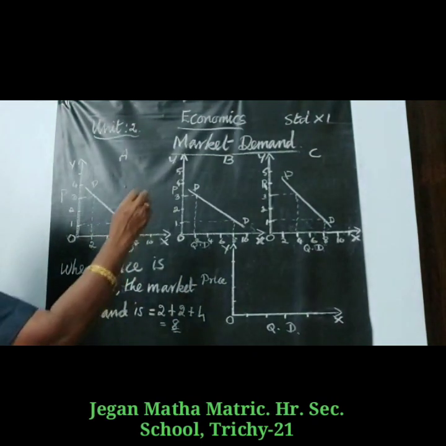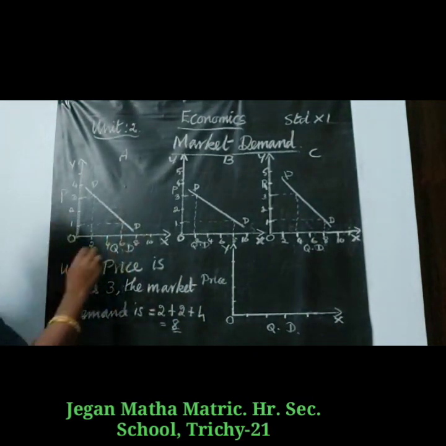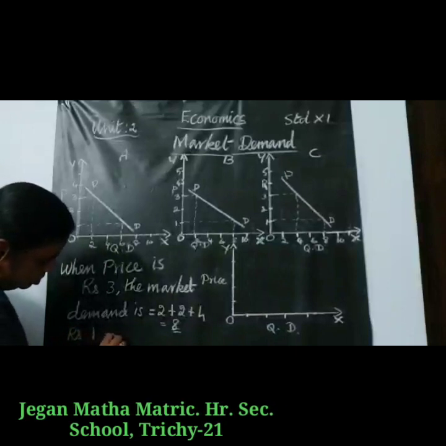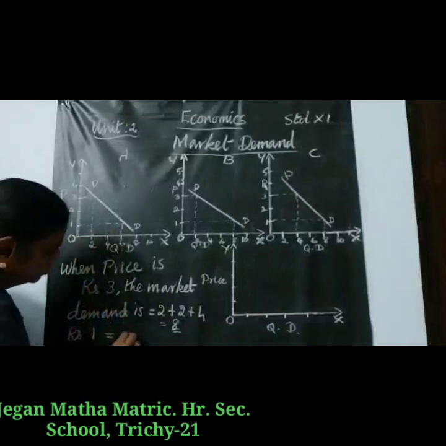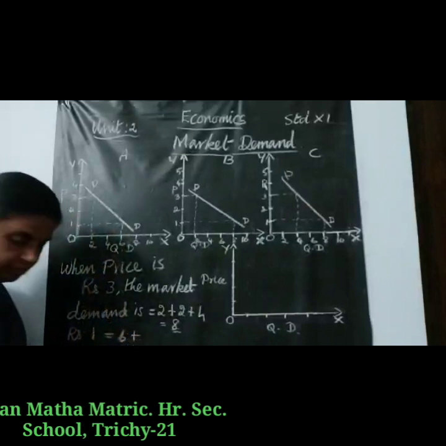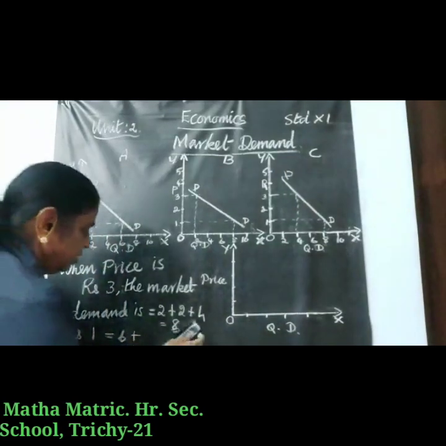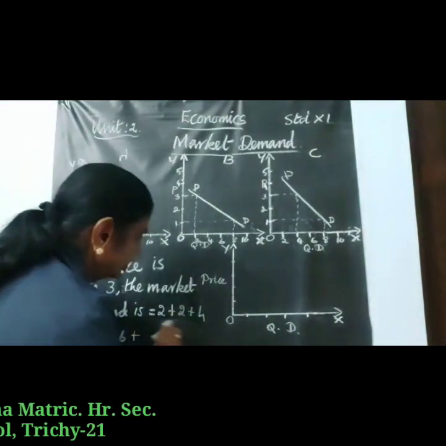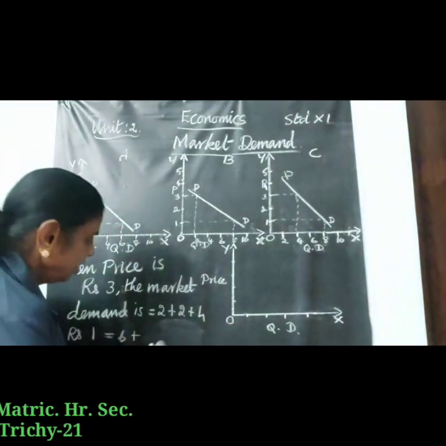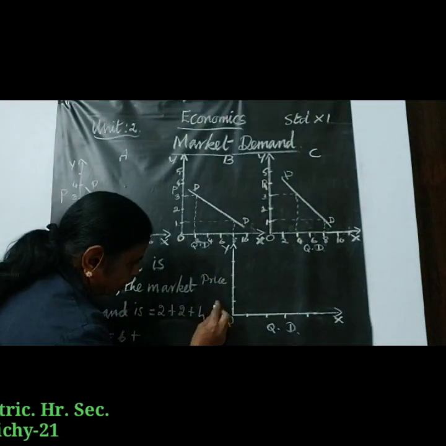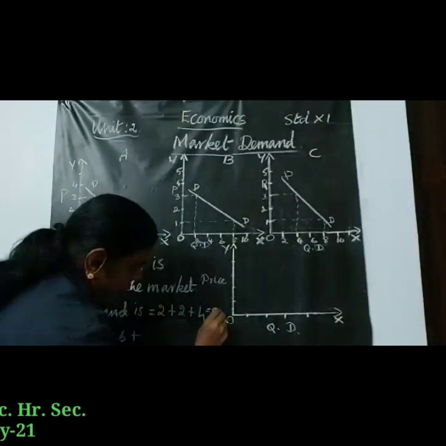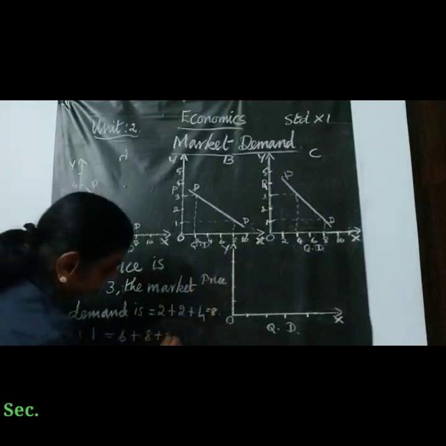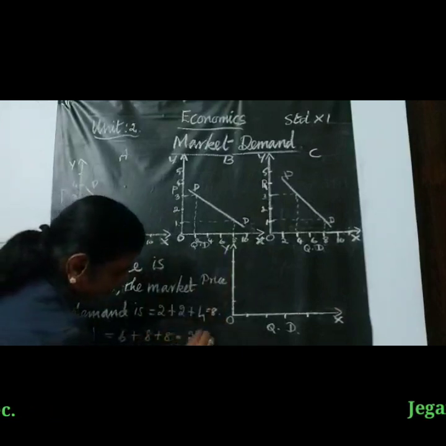And then when the price is rupees 1, A is 6 and B is 8, so you can put it as 8. So 6 plus 8 plus C 8 equals 22.